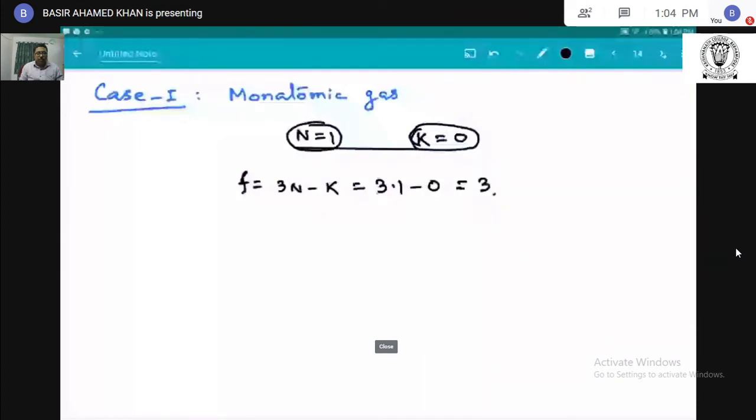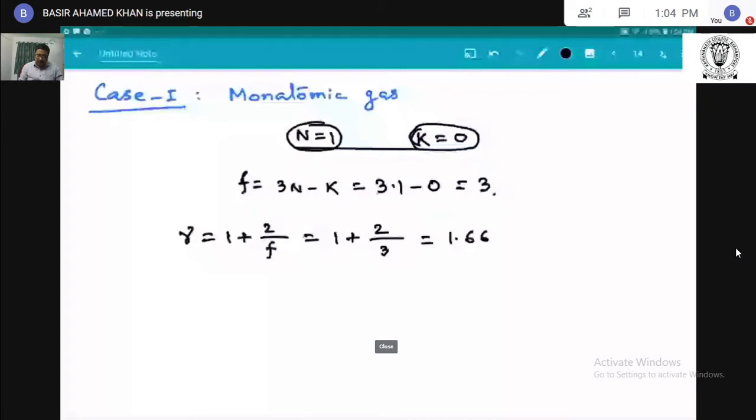So for monatomic gas, the ratio of two specific heats, gamma equals 1 plus 2 by F. That means 1 plus 2 by 3 equals 1.66.